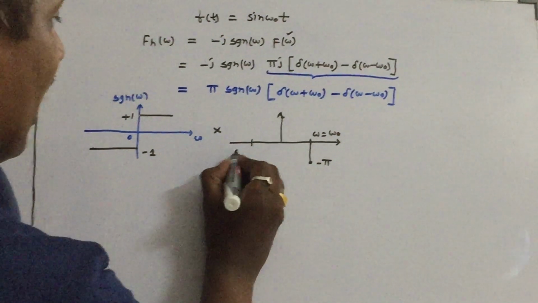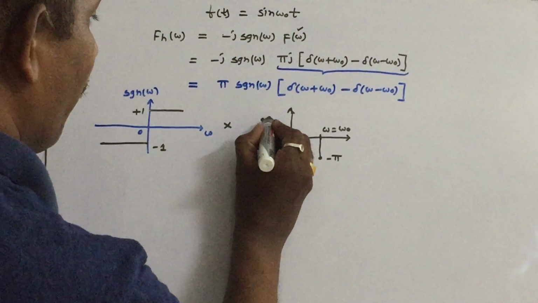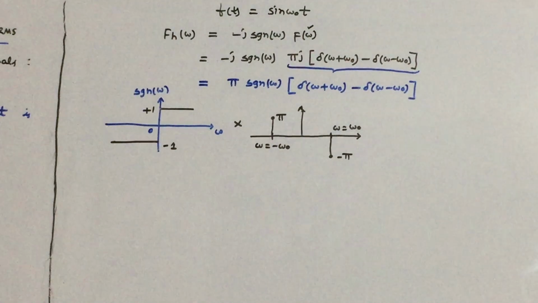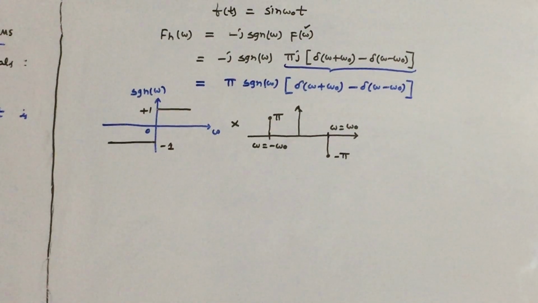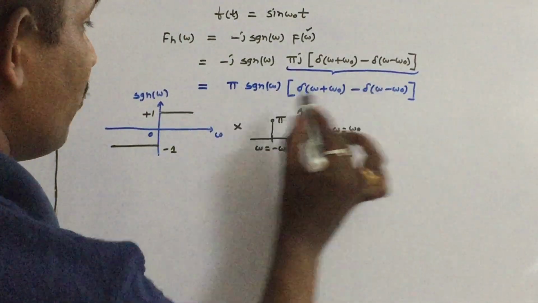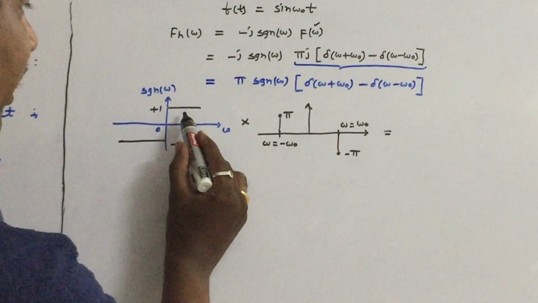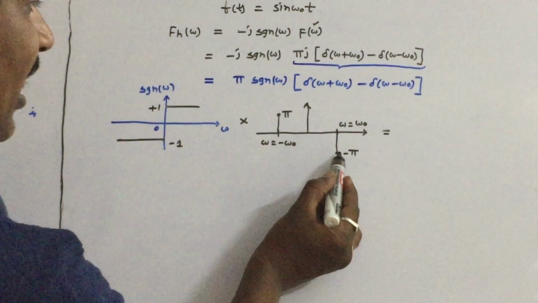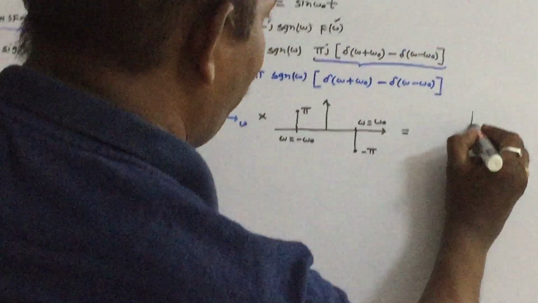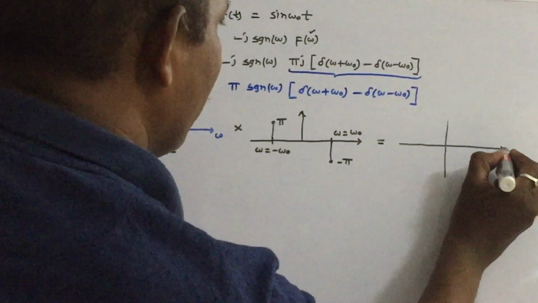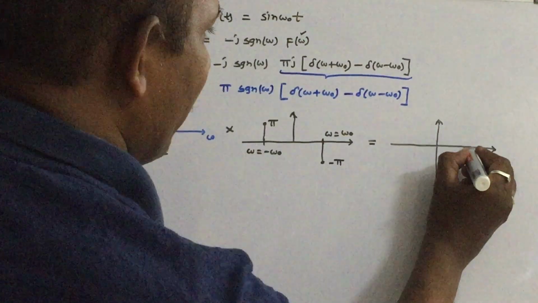At omega equal to minus omega naught, the amplitude is pi. We are multiplying these two, signum of omega and this function. What will you get? On the positive side, plus 1 multiplied by minus pi is minus pi, so it will remain as it is. On the negative side, this is very important.